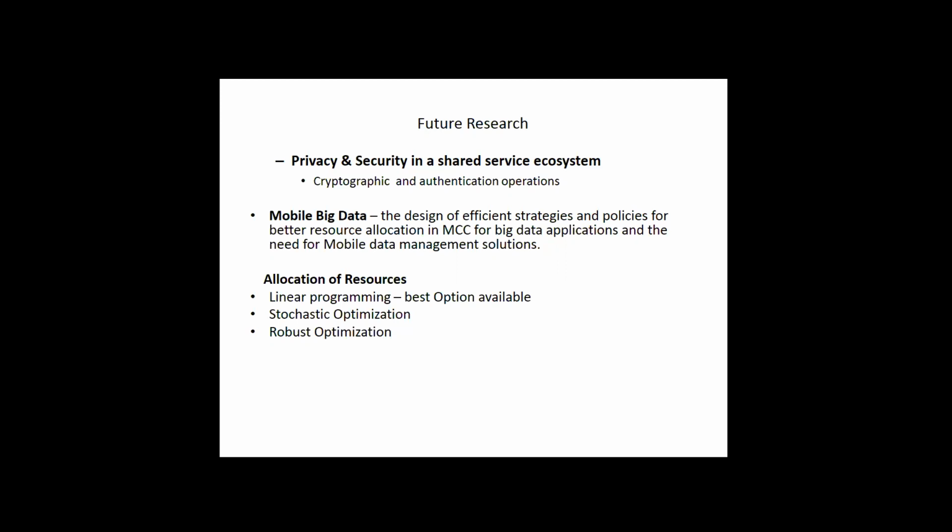One of them which I have picked is mobile big data. A lot of communication has been occurring, so there is lots of mobile data which needs to be effectively used. The design of efficient strategies and policies needs to be in place for better resource allocation in mobile cloud computing for big data applications.